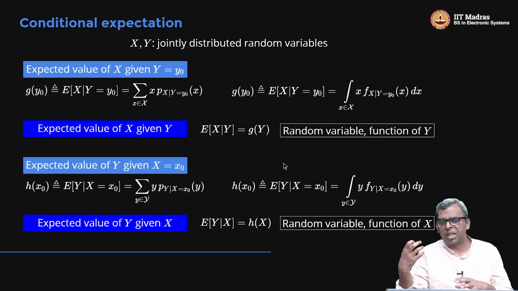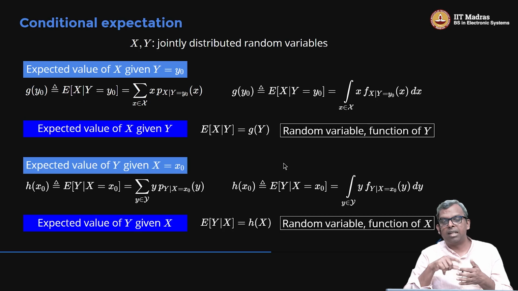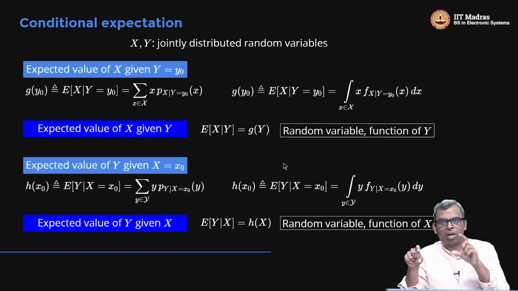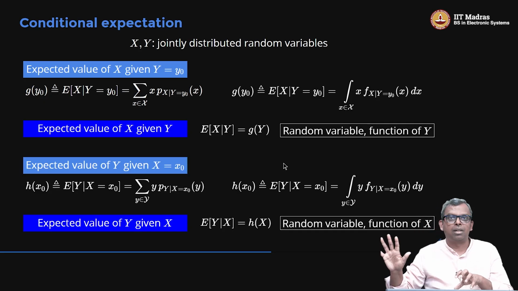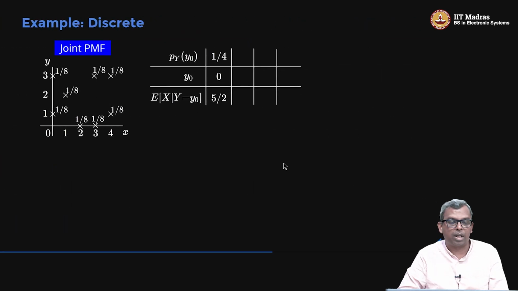So it becomes a random variable, and it becomes a function of X now. One very easy way to remember: the expected value of Y given X equals x naught, for a particular value x naught, is just one value. Now the expected value of Y given X is all values of x naught in a table along with the probabilities of X. So it becomes a random variable, okay? That's the subtle difference. And let's see a couple of examples to drive that home.